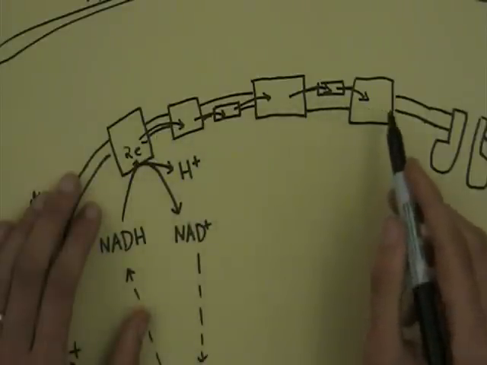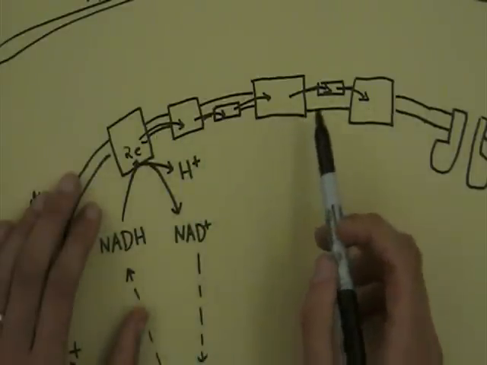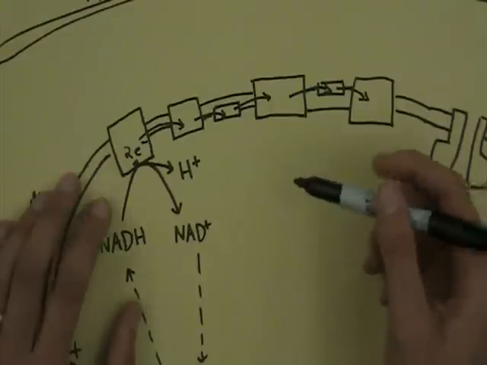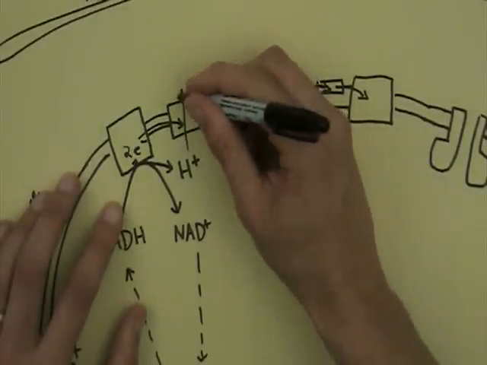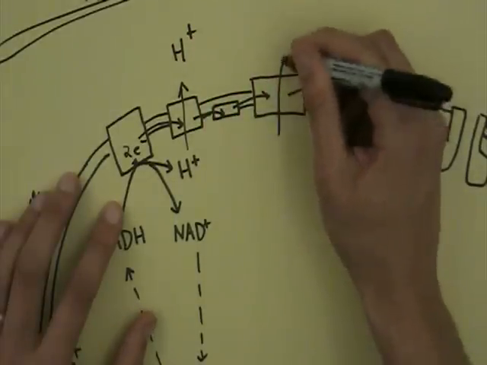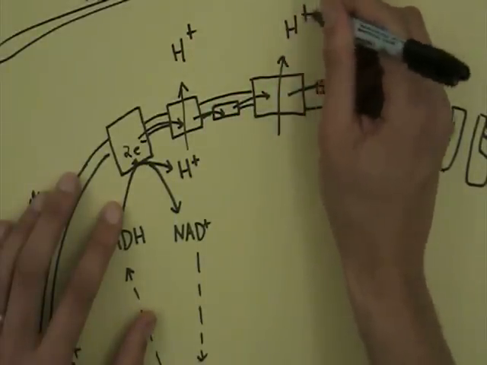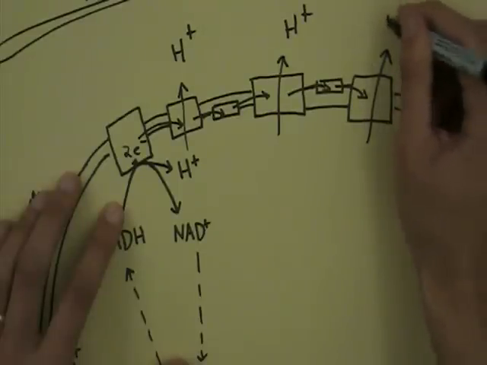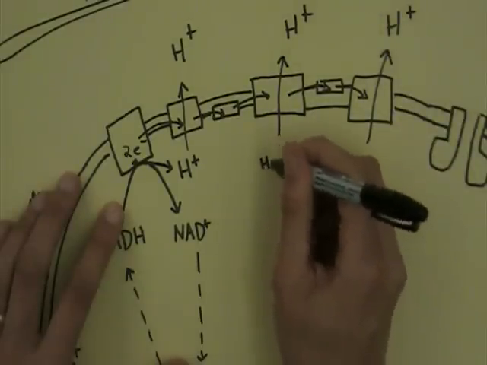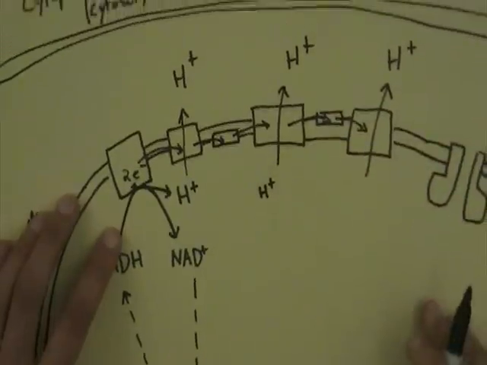As they move down the electron transport chain between these proteins, they lose energy, and that energy is used to pump hydrogen ions across the membrane into the intermembrane space, like this. So any hydrogen ions that are present here are being pumped across.